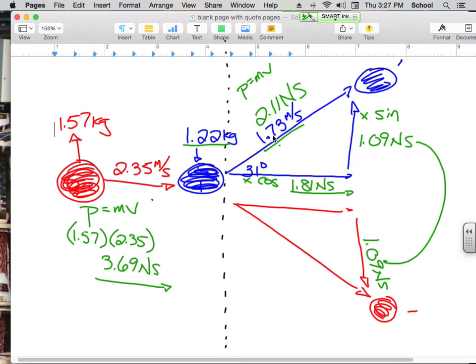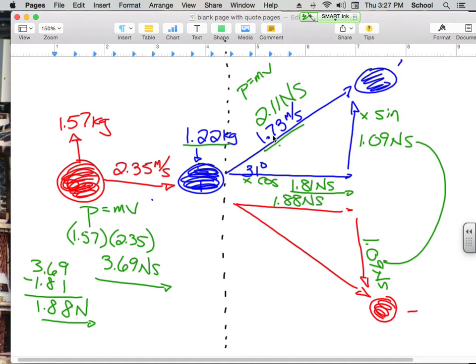How much am I missing? 3.69 minus the 1.81 gives me 1.88. It must also be going forward, so this must be how much momentum is going forward in the red ball. So this is going to be 1.88 Newton seconds down here on the red part.